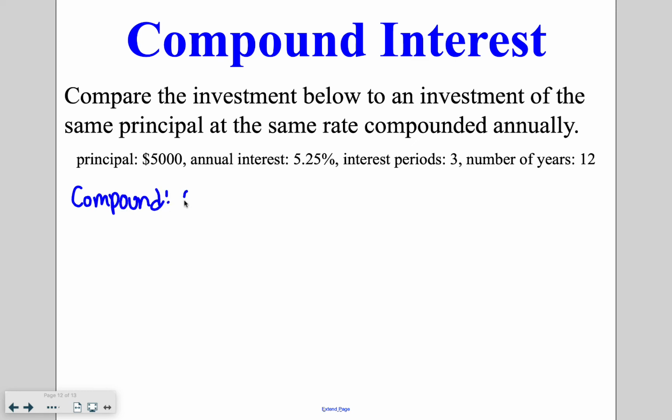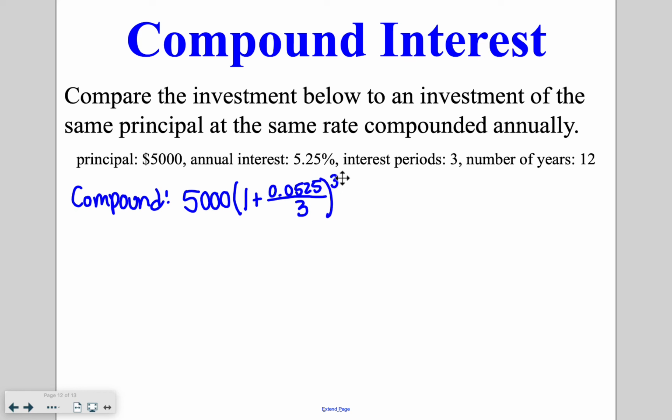When I do that, I've got my principal of $5,000, my annual interest of 5.25%, so in the parentheses, 1 plus 0.0525. And then I have the number of interest periods. That tells me how often it is compounding. This is going to occur 3 times.